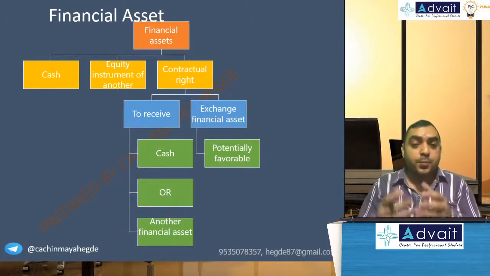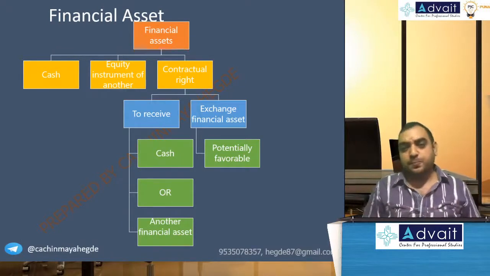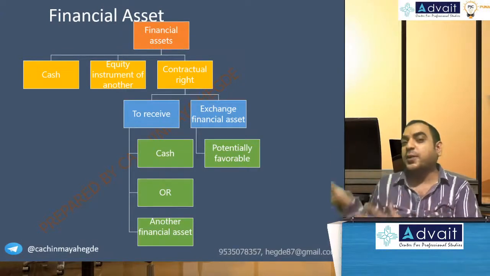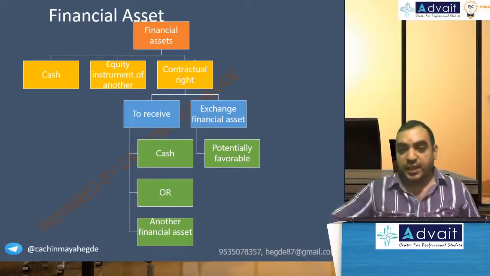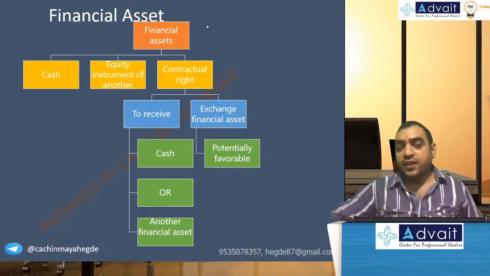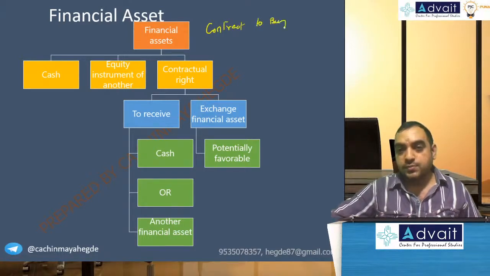Potentially favorable, because when something is favorable to you, then only it is called an asset. If it is not favorable, it becomes a liability. So potentially favorable is a financial asset. For example, let's say you have entered into a forward contract to buy at 48 rupees, and the market price on the date is 50 rupees.